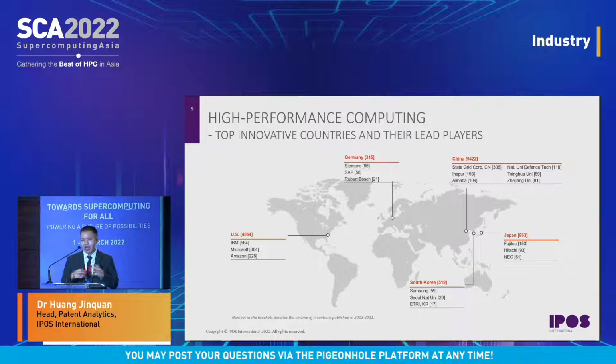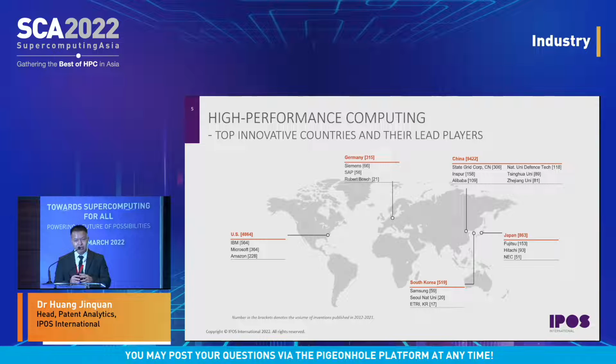Many countries are active harnessing the power of high-performance computing. What I listed down here are the top 5 countries and their respective lead players based on number of inventions filed. Not surprising, you will see that among the top 5 are the 2 most powerful economies in the world, the US and China. We also see innovative nations like Japan, South Korea, Germany.